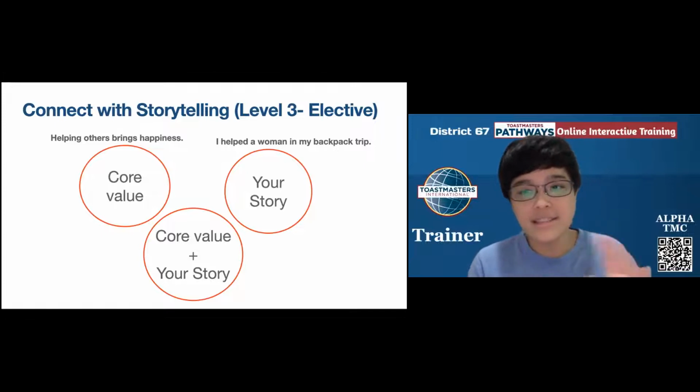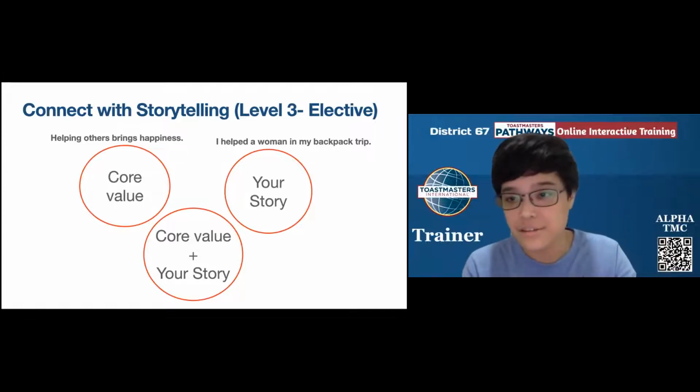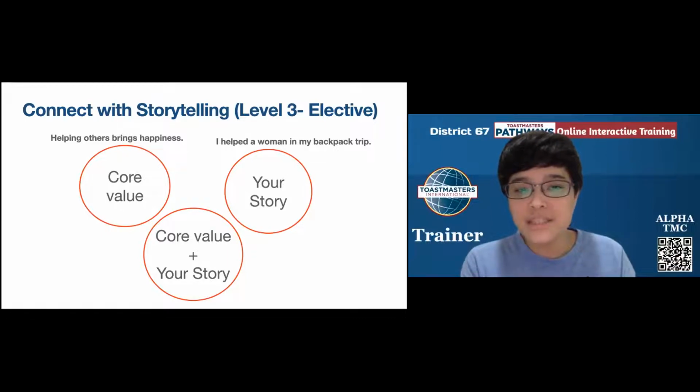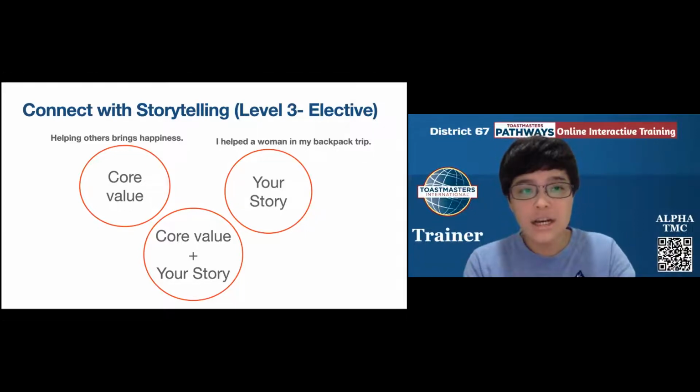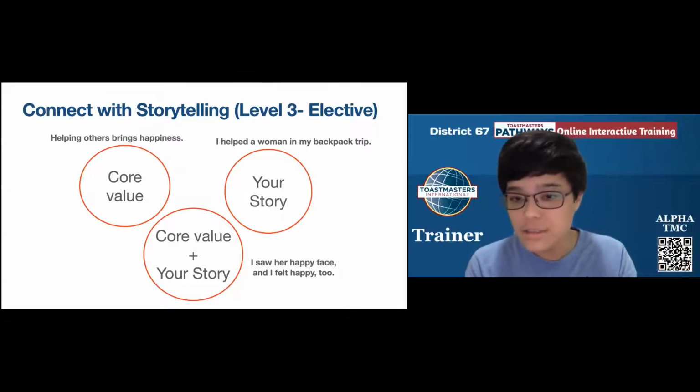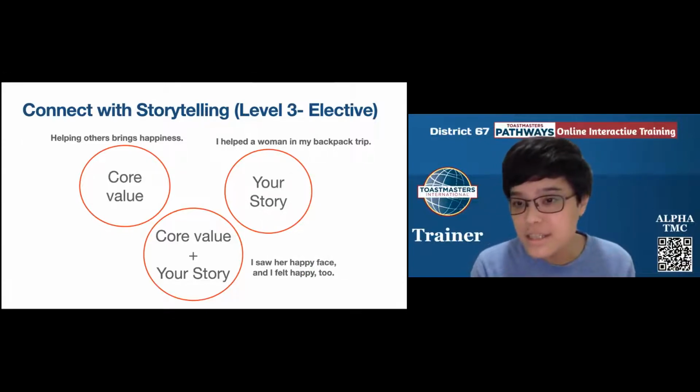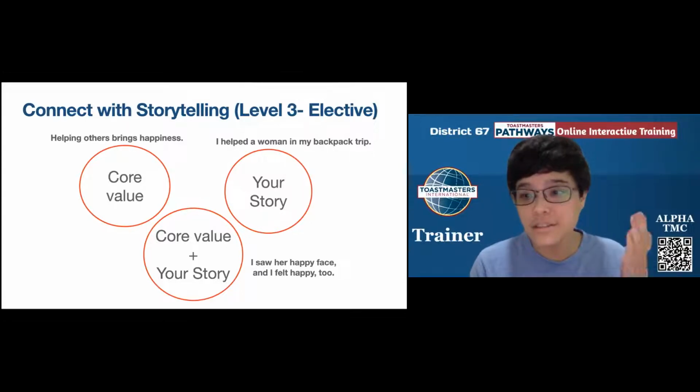I waved my hand and smiled at her, because for me, it's not about the money. It's because I could tell how much she appreciated my help, because I really helped her solve her problem. Even without money, I felt very happy because I saw the smiling face. So I verified my core value. I saw her happy face and I felt happy. So I could tell you, helping others brings happiness.